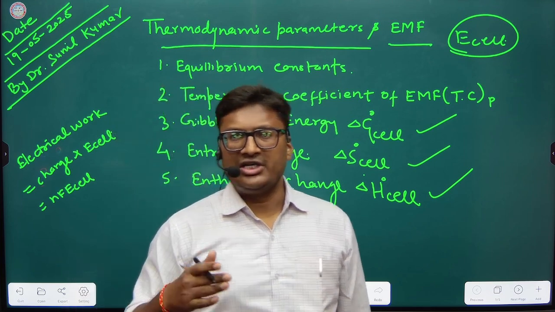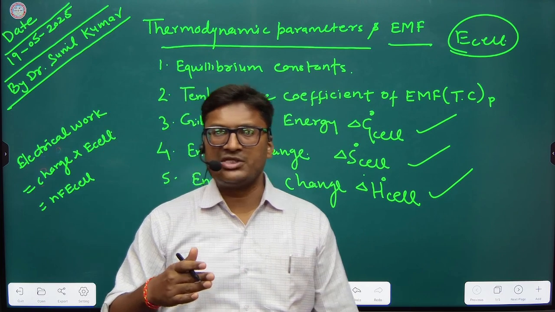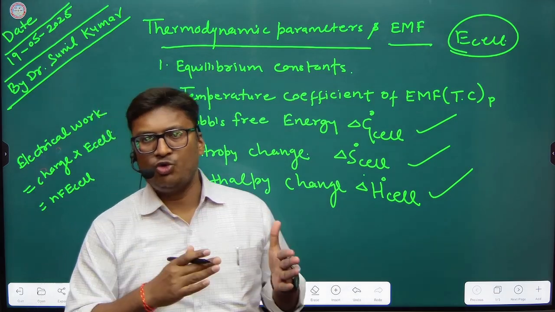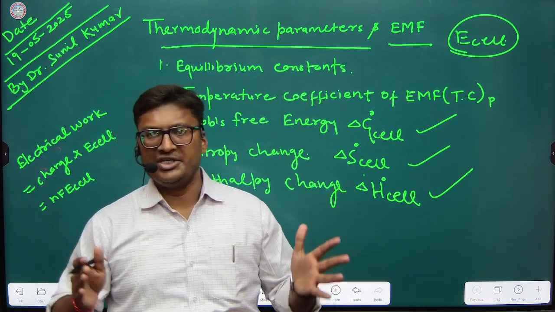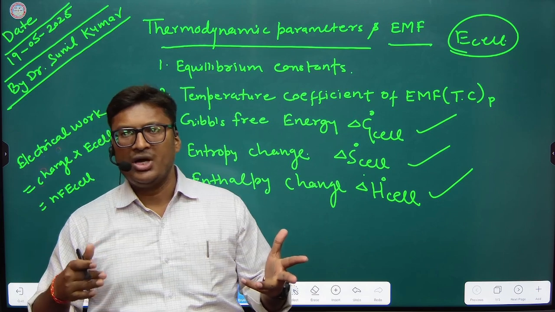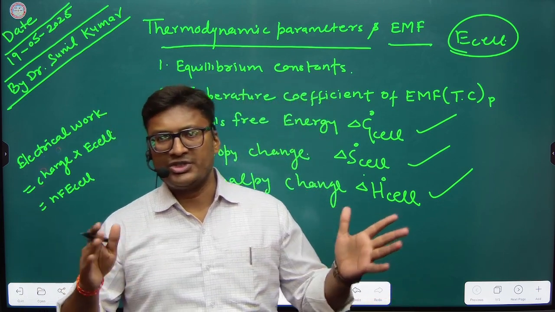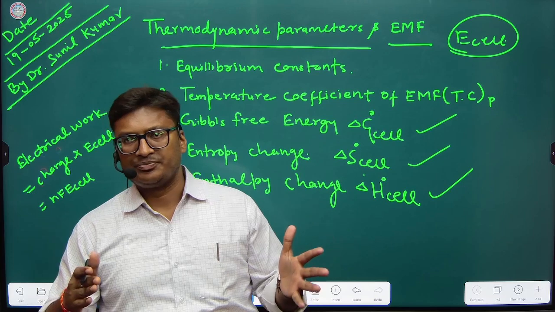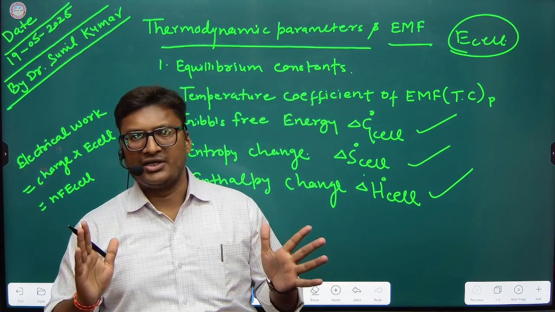And anode is responsible for oxidation and cathode is responsible for reduction. And both cathode and anode are connected through a salt bridge, right? The main function of the salt bridge is to maintain neutrality in the solution, or it will connect these two electrodes for electrical conduction, right?